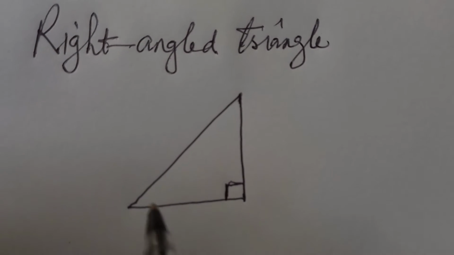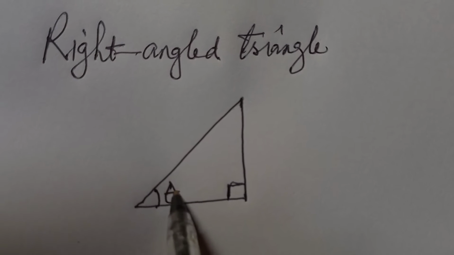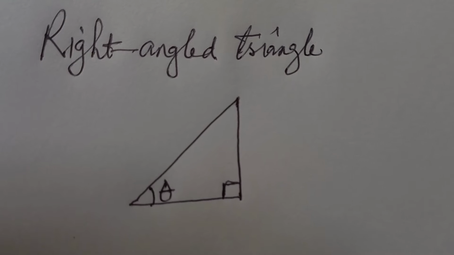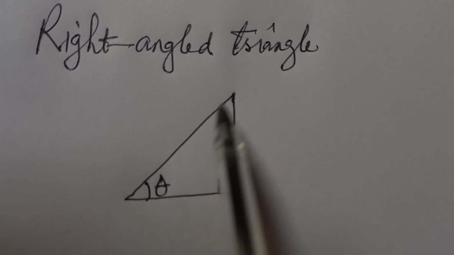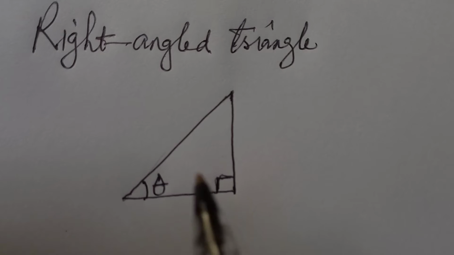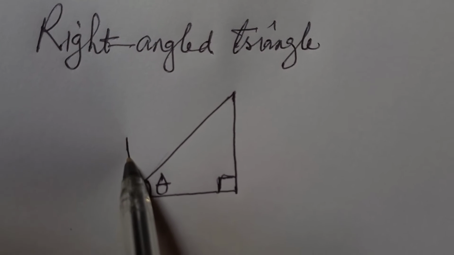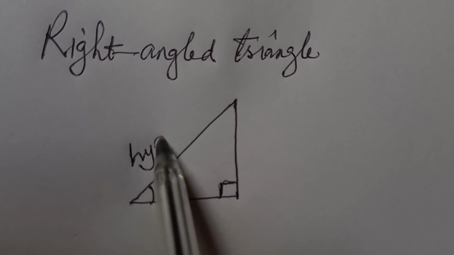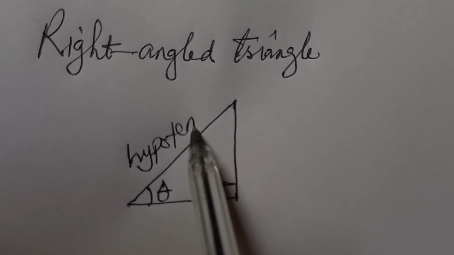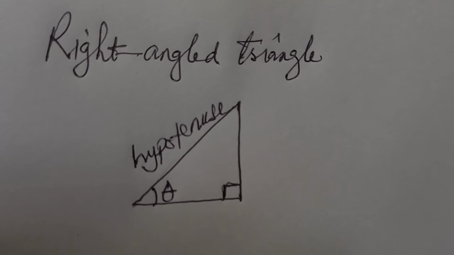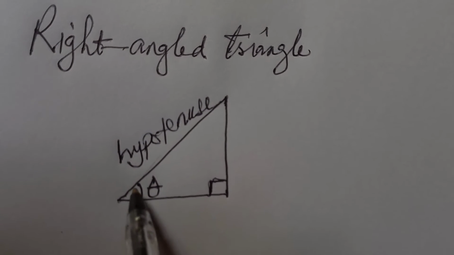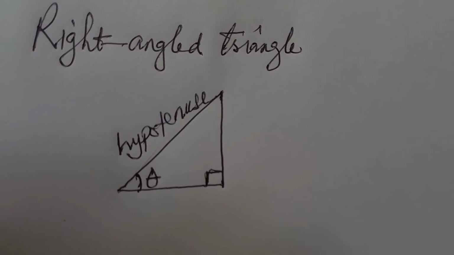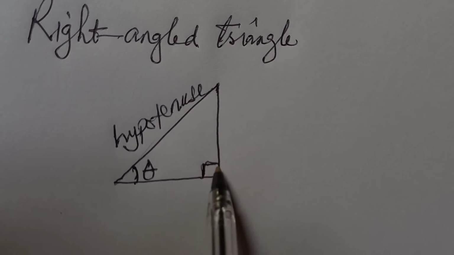All right, let's say here is angle theta. So if one of the angles of a triangle is a right angle, that is, this particular position is at right angle, we call this side of the right angle triangle the hypotenuse. Again, let this particular angle be theta, and this angle is less than 90 degrees.